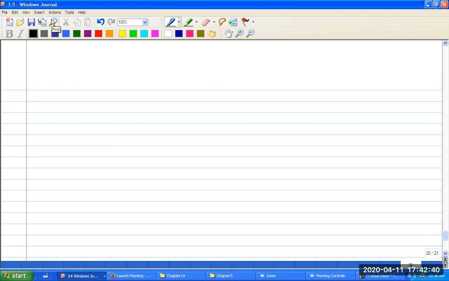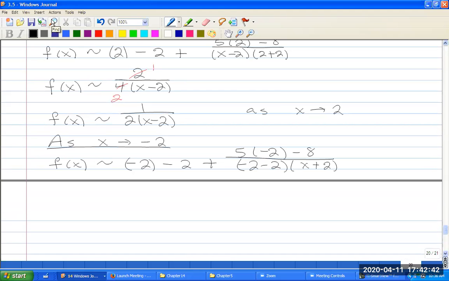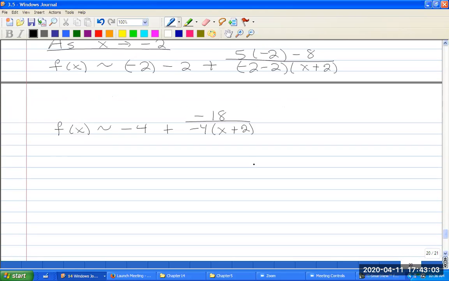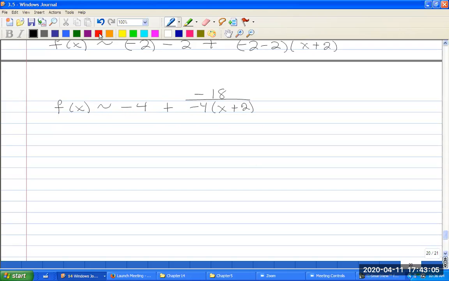So f of x here approaches negative 2 minus 2, which is negative 4. Minus 10 minus 8 is minus 18. Minus 2 is a minus 4, x plus 2. And so I can cancel.